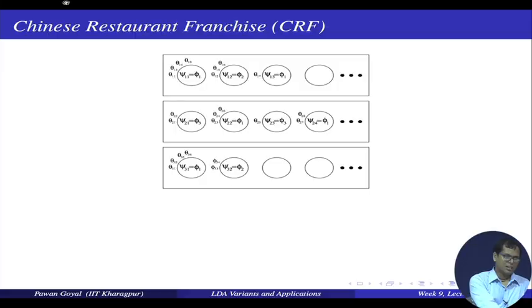Now you are also seeing the customer assignments. In this first restaurant, customers are coming in, theta 1 1, theta 1 2, theta 1 3 and so on. Theta 1 1 sits at table 1, theta 1 2 sits at table 2, theta 1 3 at table 1, 1 4 at table 1, and 1 5, 1 6 and 1 7 sit at other tables. So there are certain assignments given to these customers.